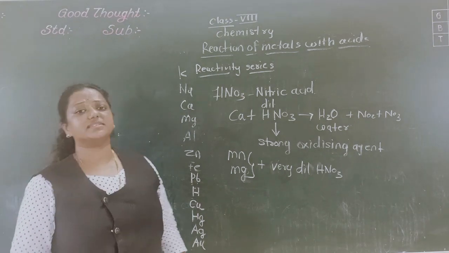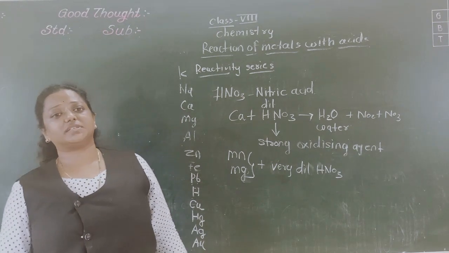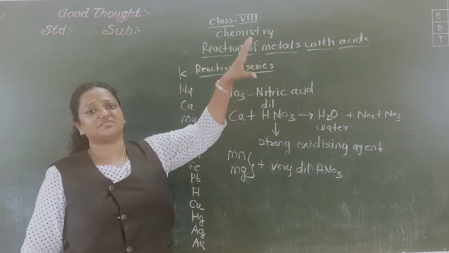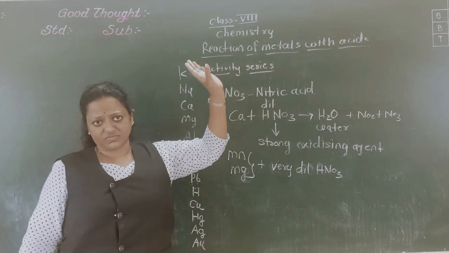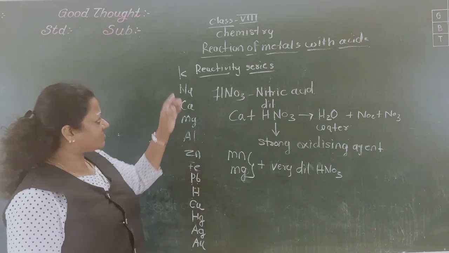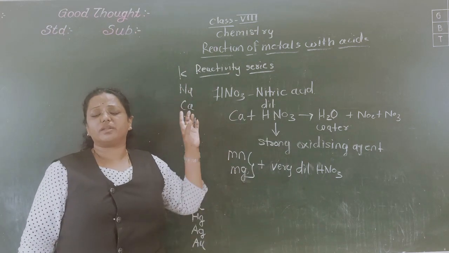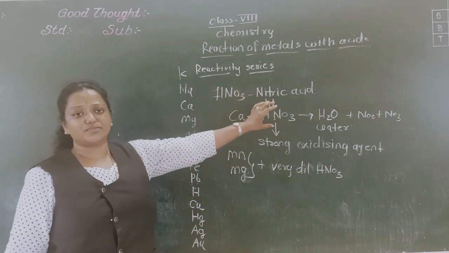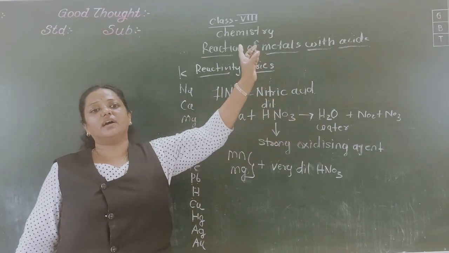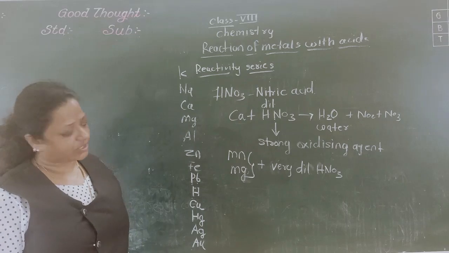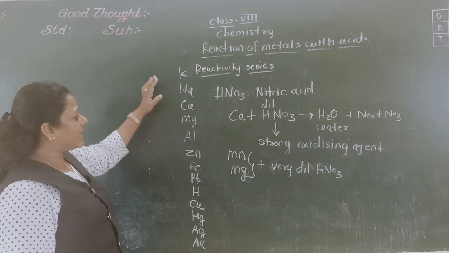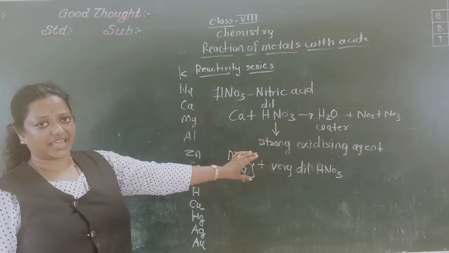So I hope you understand the concept of what happens when metals react with acid. It is very easy to understand: when a metal reacts with an acid, they form a respective salt with the release of hydrogen gas. The metals above hydrogen are able to react with acid.